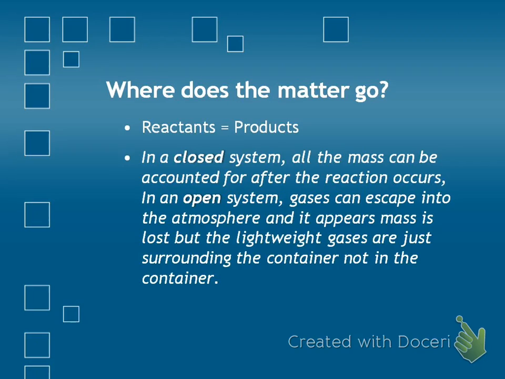You saw with the hydrogen peroxide and the yeast, it foamed, it rose and foamed over. Gases will escape. And there you might have some apparent mass lost, but it's not truly lost, it's just out into the atmosphere, into the air. So that would be an open system.